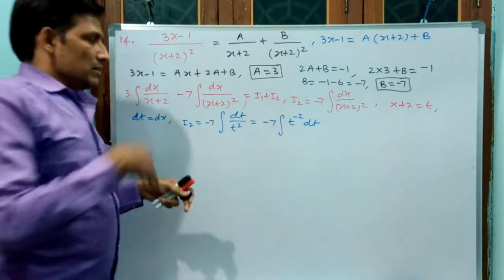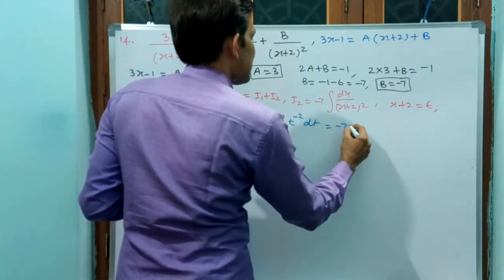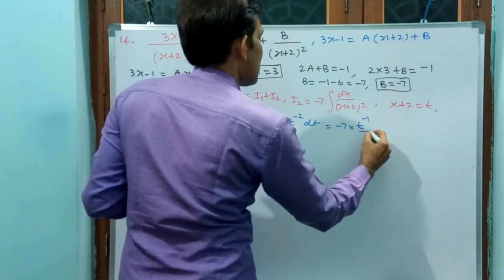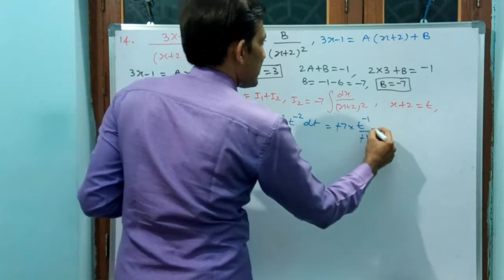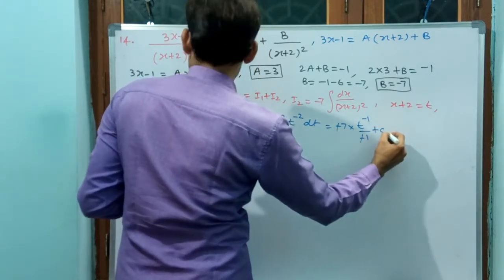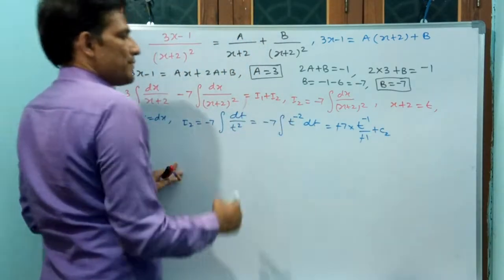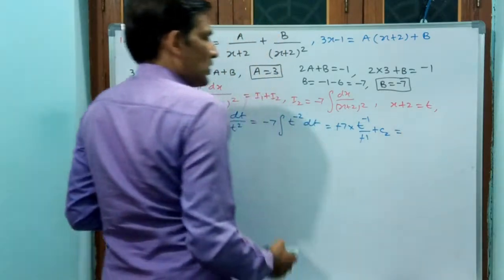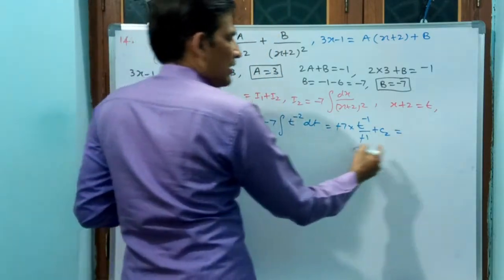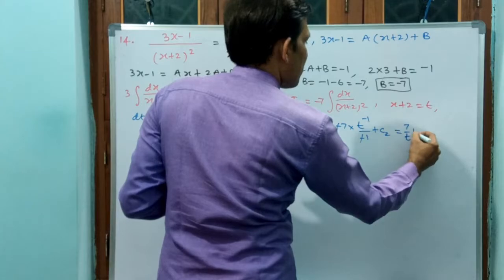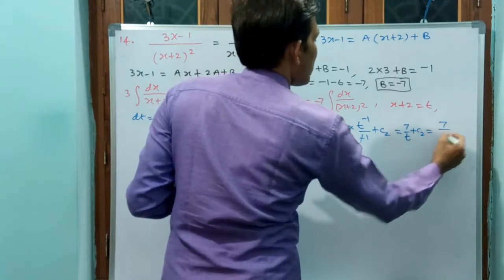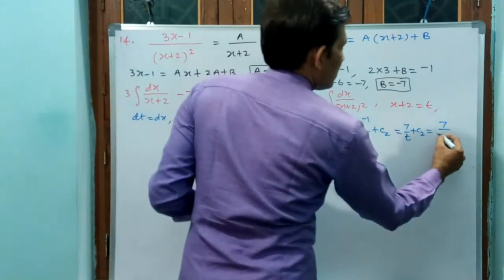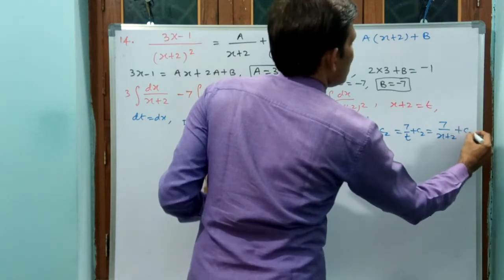Then that is equal to minus 7 into t power minus 1 by minus 1. Minus minus get cancelled. C2 we will take. Why? Because it is I2. That is equal to 7 by t plus C2, that is equal to 7 by x plus 2 plus C2.